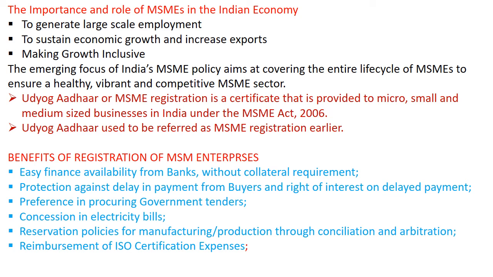ISO certification is a must if you want to export your goods; only ISO certified goods can be exported. It's not an easy process, it is an expensive process, and the government will reimburse those expenses if you are registered under MSME registration or Udyog.